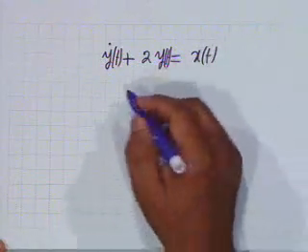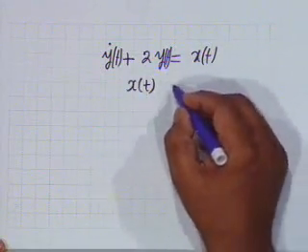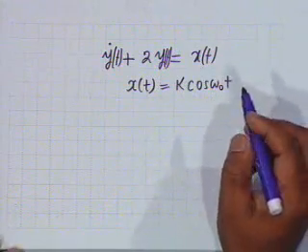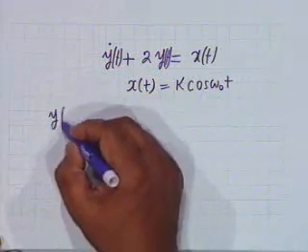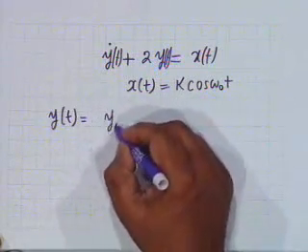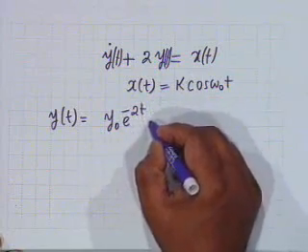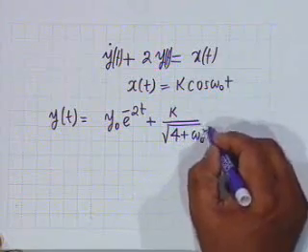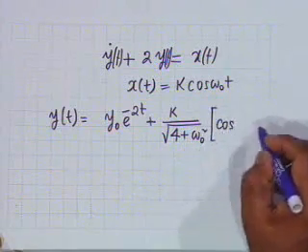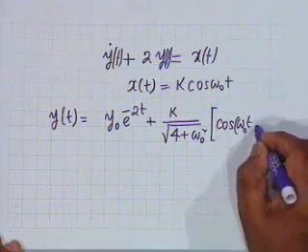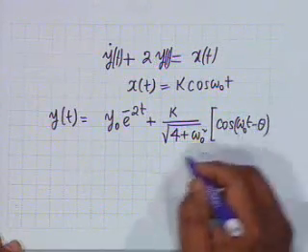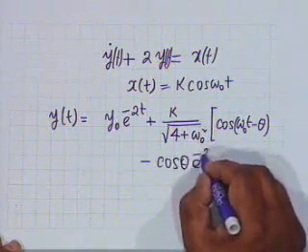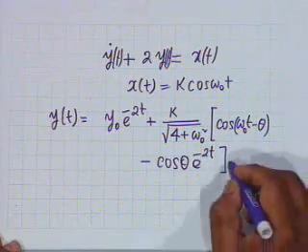And we showed that if we have an x of t which is of the form k cosine of omega 0 t, then the total response of the system is given by y of t equal to y0 e to the minus 2t plus k divided by square root of 4 plus omega naught squared cosine of omega naught t minus theta, then minus cosine of theta e to the power minus 2t multiplied by u of t.